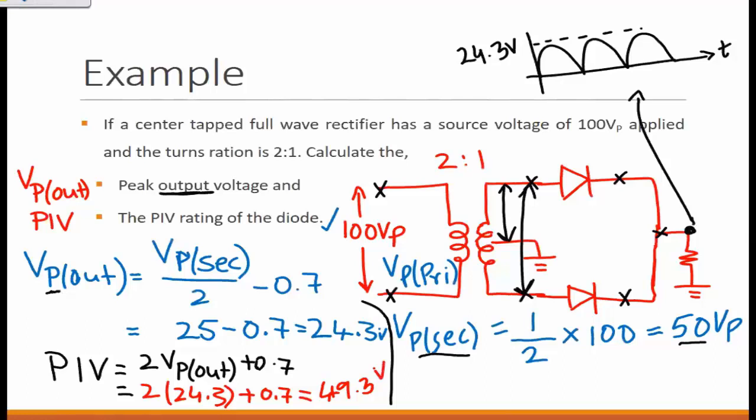If something goes wrong with the transformer itself, for example this half should be only 25, and if it is 50, then initially the diodes may not necessarily get damaged, but there will definitely be excessive heat and eventually they may get damaged. That's why you use diodes with a higher value than the PIV says.